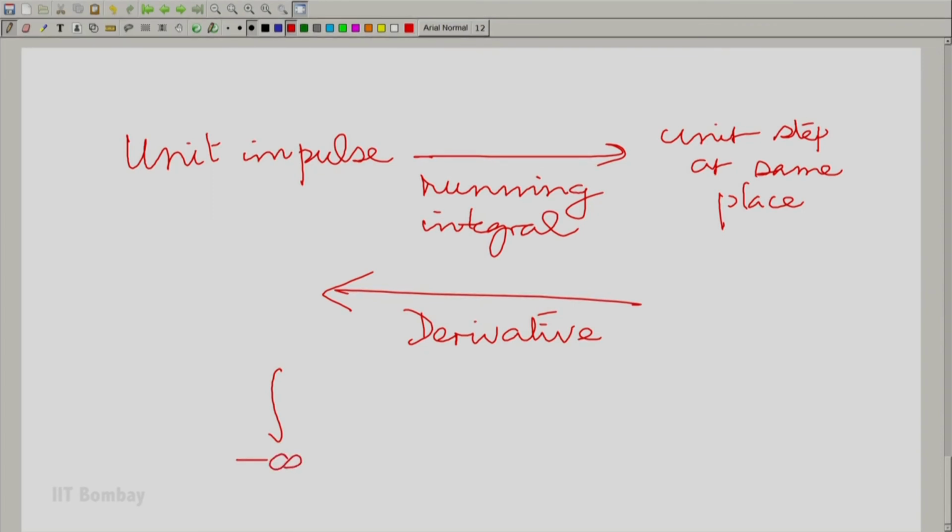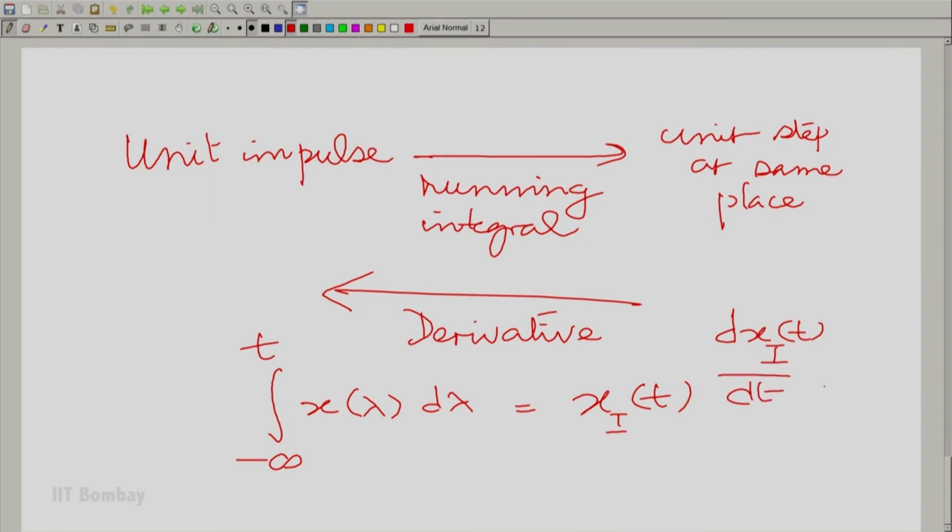When you take any x(lambda) d lambda and make a running integral on it, let us call it xi of t. What is d xi(t) by dt? Here xi stands for running integral. What is d xi by dt? It is very clearly seen to be x of t. That is not too difficult to do.